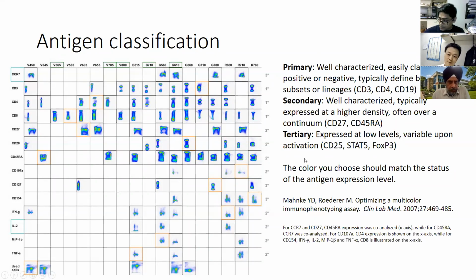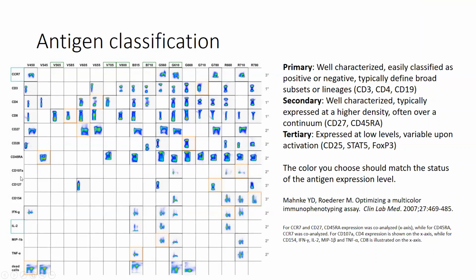And CD25 usually has something very low. And let me see where it is. Usually this one, TNF alpha, we also think is a low level expression.